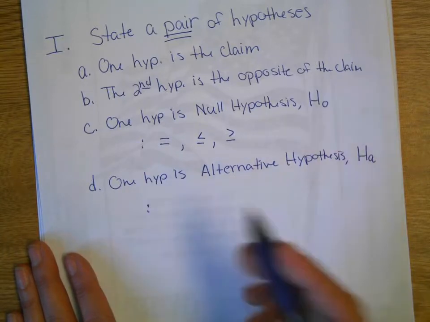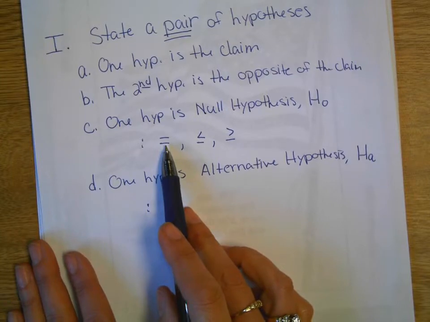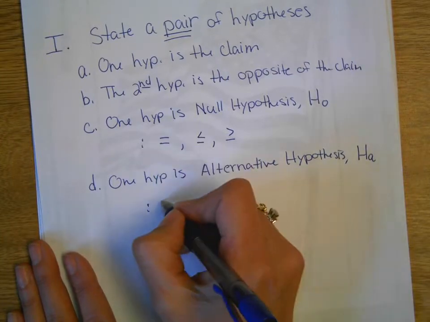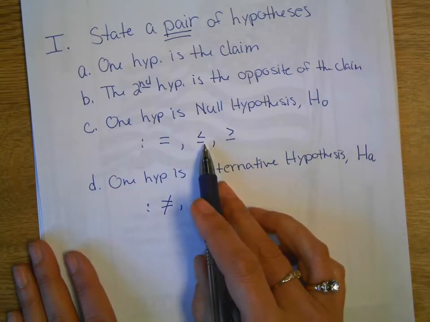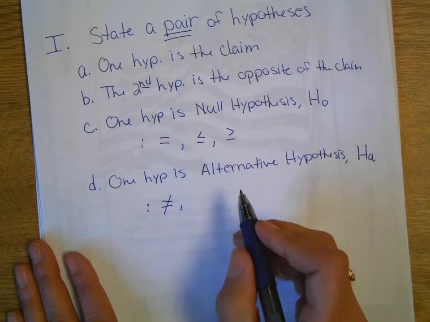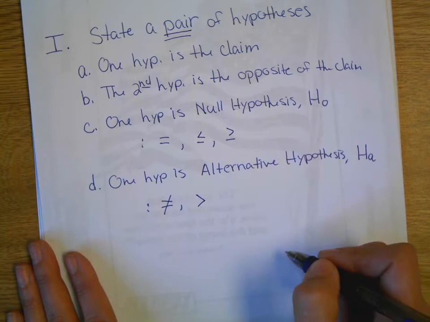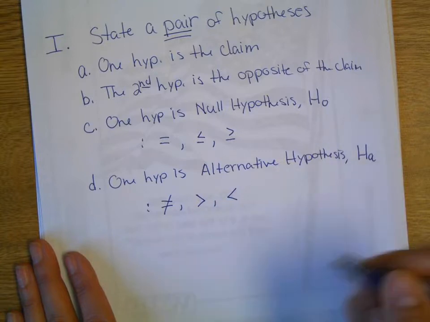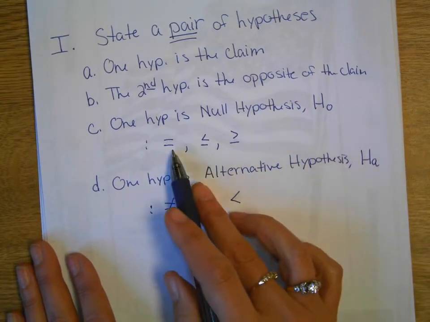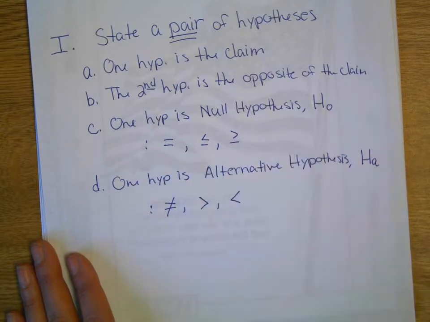So, if the null hypothesis has an equal to, what's the opposite of equal to? Not equal to. What's the opposite of less than or equal to? Greater than. And then it's just less than. So the null will always have part of an equal to it. Equal, less than or equal, greater than or equal, that's your null.